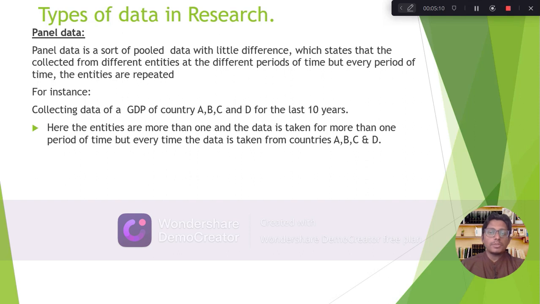For example, if I take three countries A, B, C, or four countries, any number of countries, and I collect data from them in 2021, 2022, 2023, and so on to analyze their economic situation, every time I collect data, I will take only those countries.